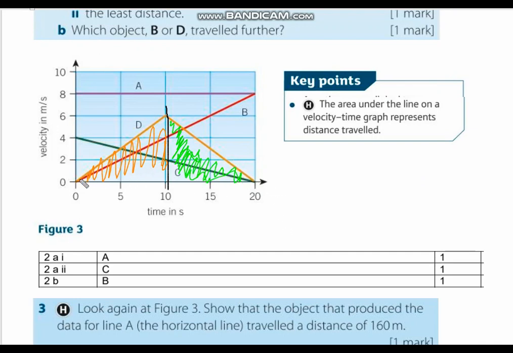So if we look at the area of triangle A, it's half times base times height, so it's a half times the base, which is 10. So the area is a half times 10 times 6.